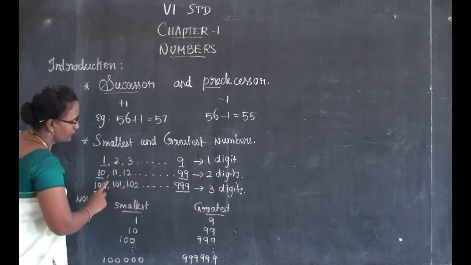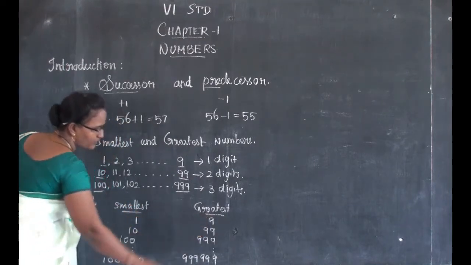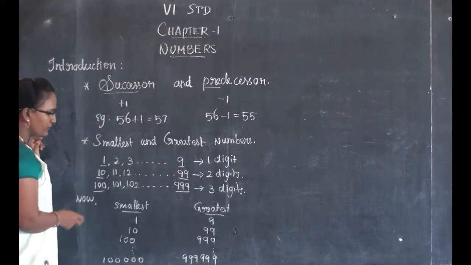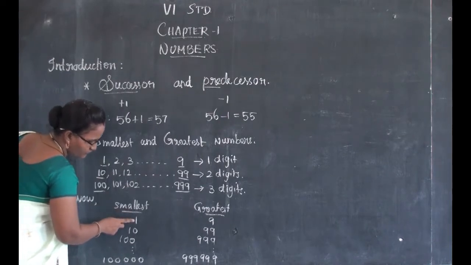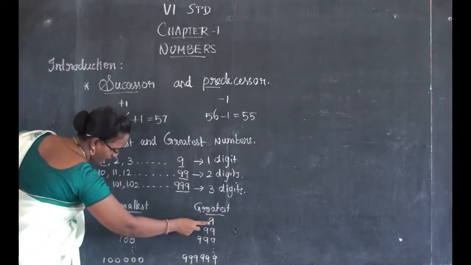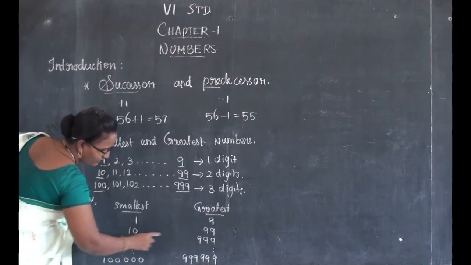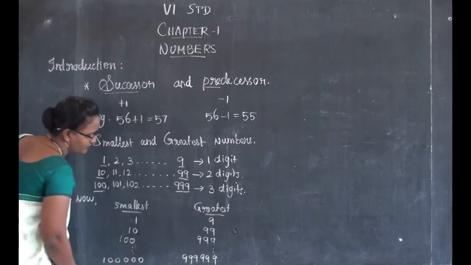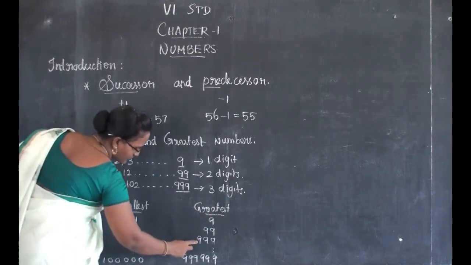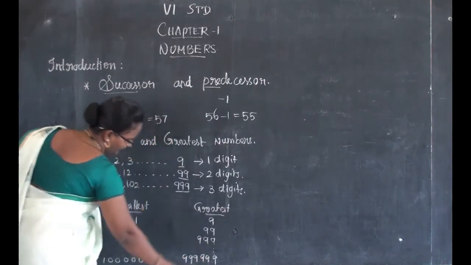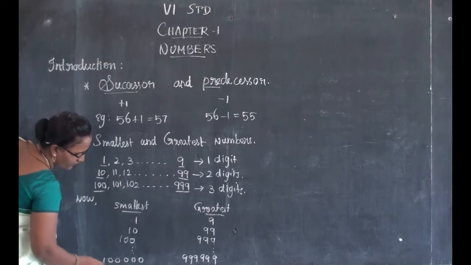Now from this we know the smallest and greatest number for every number of digits. For one digit numbers, smallest is 1 and greatest 9. 2 digits: smallest 10, greatest 99, and 3 digits smallest is 100 and greatest is 999. So the 6 digit smallest number, how will you write that?